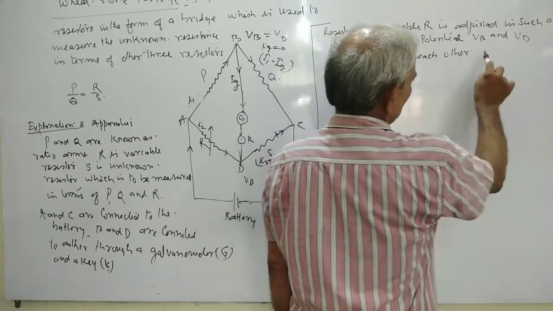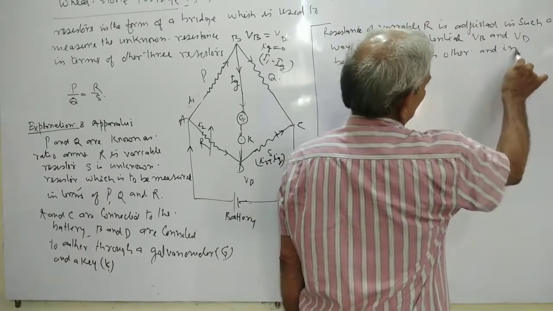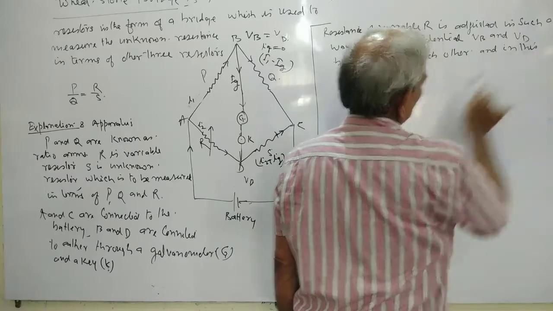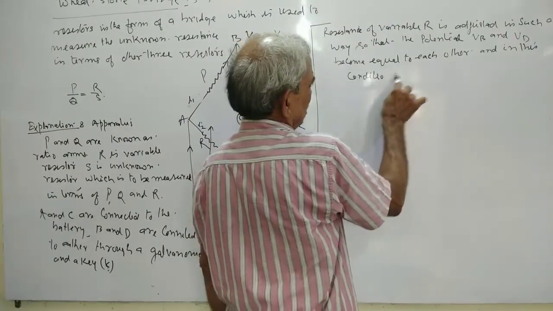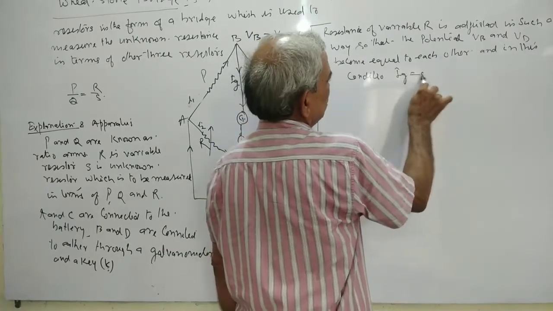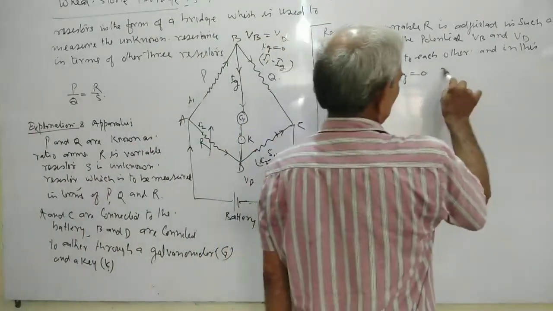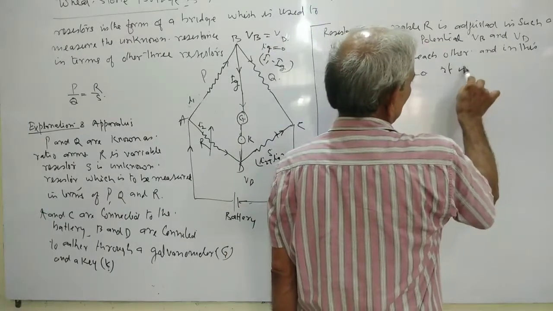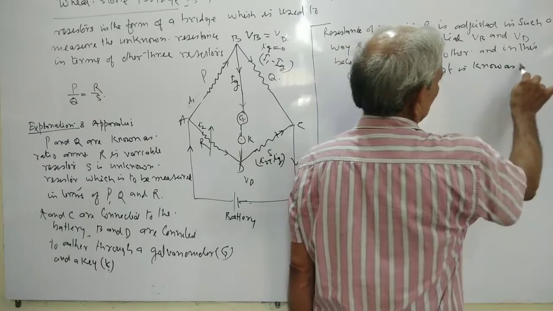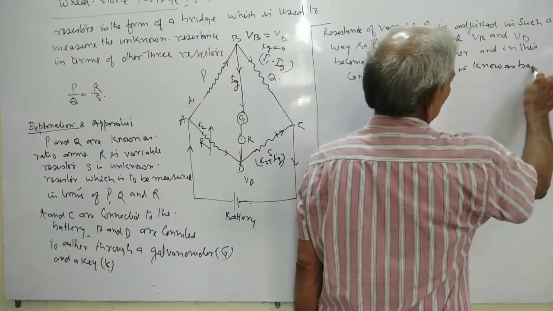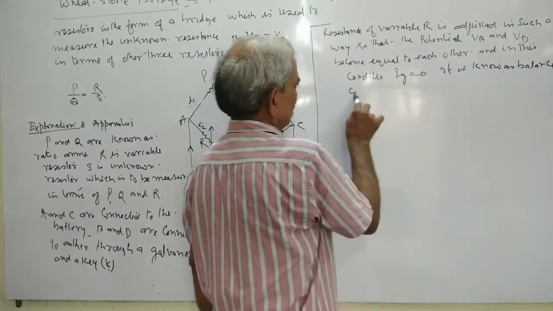And in this condition, Ig is equal to 0. This is known as the balance condition.